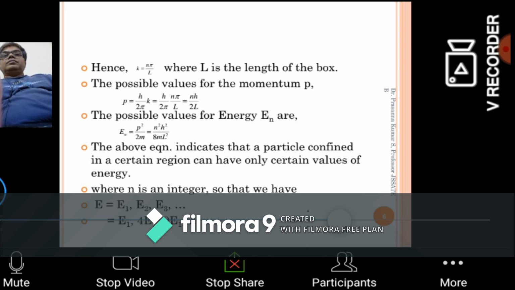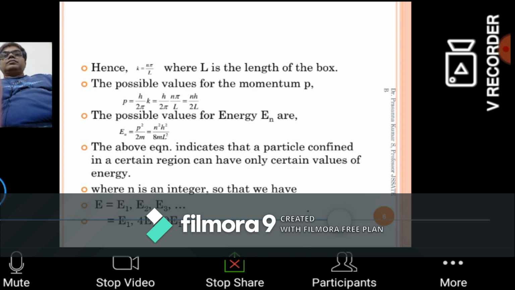When a particle is in the lowermost state, what is the lowermost state possible for the electron? n equal to 1. So E1 is equal to h square by 8 m l square. This is called the zero point energy. Zero point energy is the lowermost energy for the particle in its lowermost state. So this lowermost state has some positive value of energy, that is called the zero point energy.